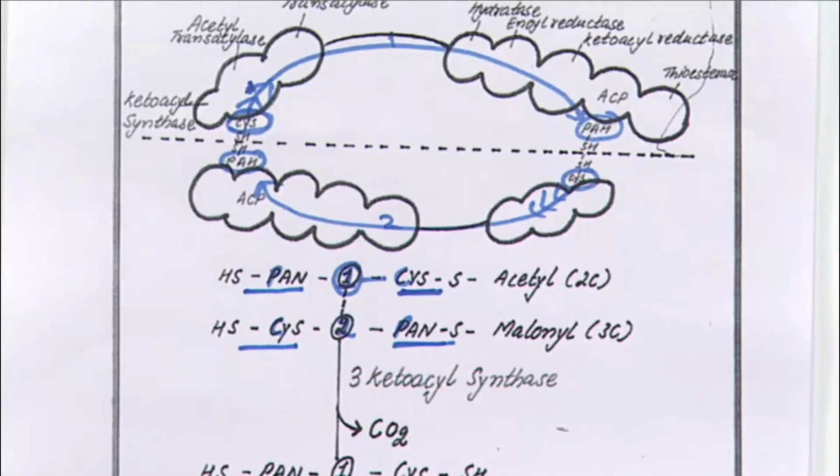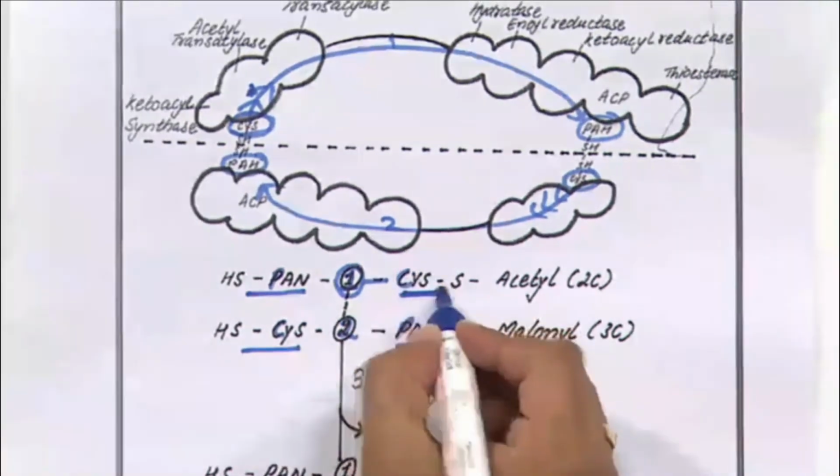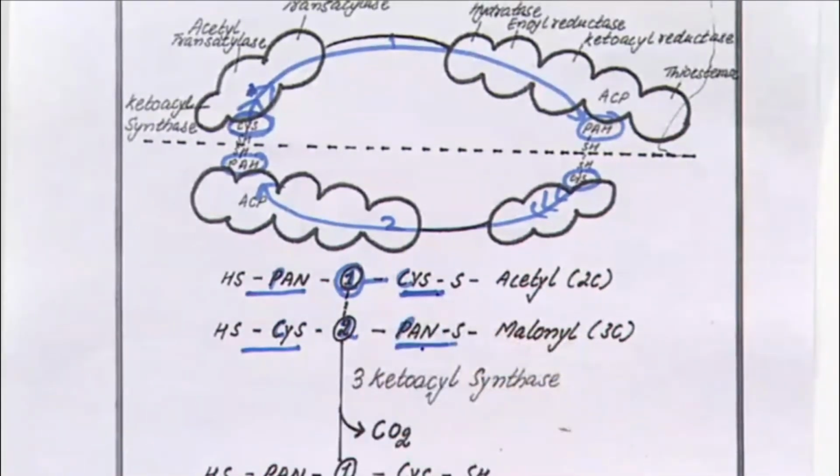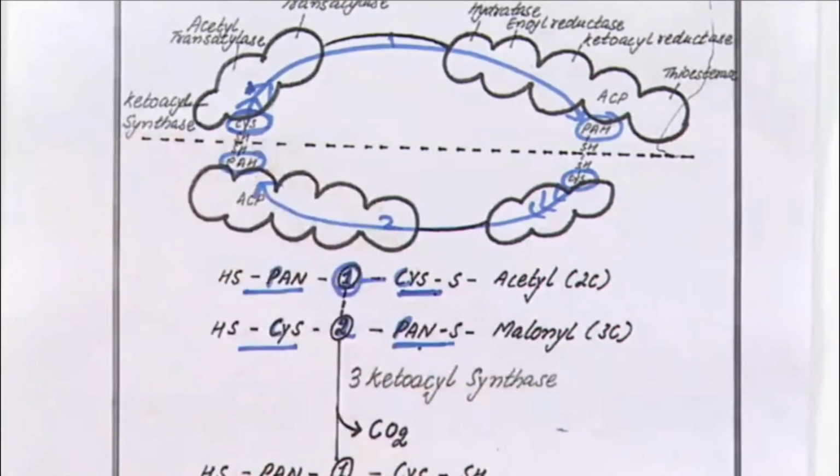So we found that cysteine is against pantetheine. Yes. Now we start fatty acid synthesis.